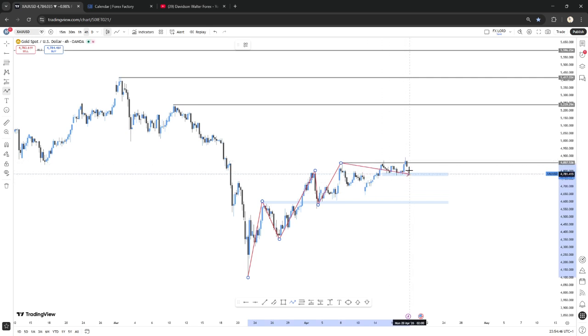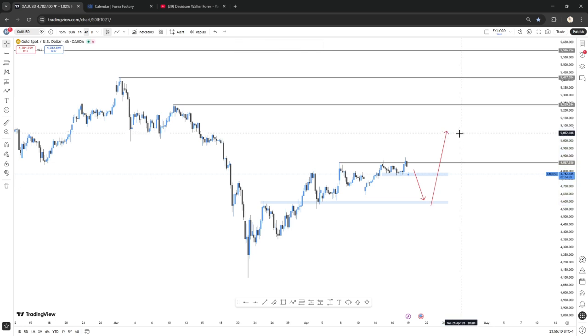When price came back here, it couldn't touch this level anymore, but it's back at this level. So what I'm looking out for is if price is going to take out this level. If it does, then it's going to come down here before we can look at buying back to the upside again.